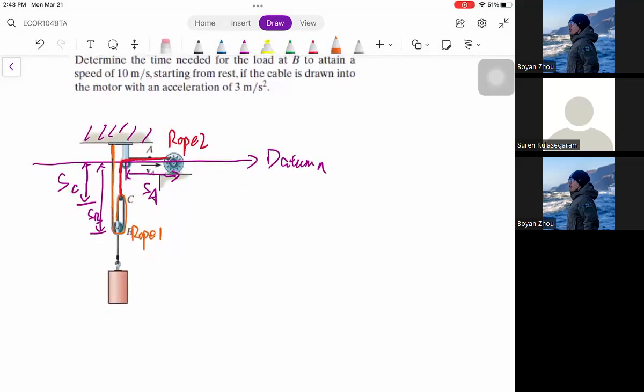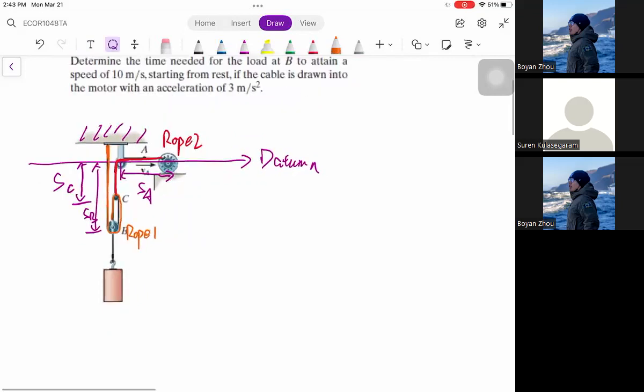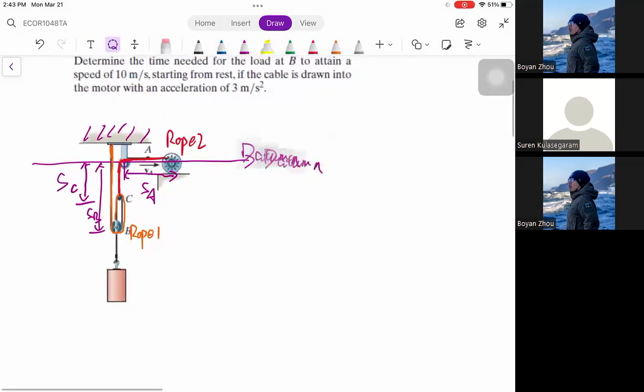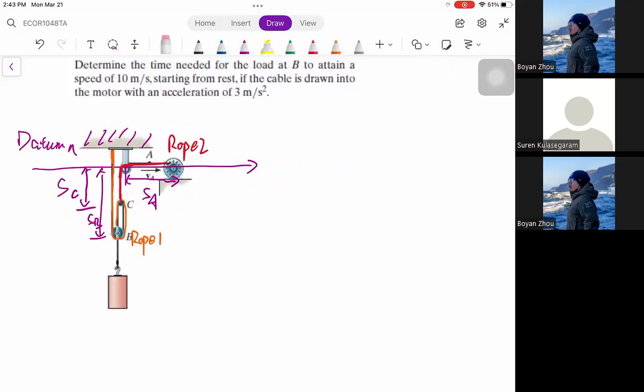So for rope 1, I'm going to move this to the left and raise the arrow here.